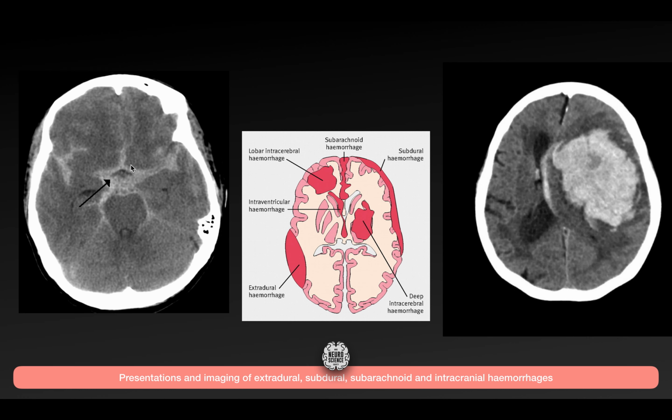Okay, we will come and we'll see those in more relief and more detail, but this classic star-shaped pattern occurs in a subarachnoid hemorrhage. Okay, so the subarachnoid following those contours, whereas your intracerebral is within the actual bleed itself. Your extradural bleed looks like a lemon, and your subdural bleed looks like a banana.